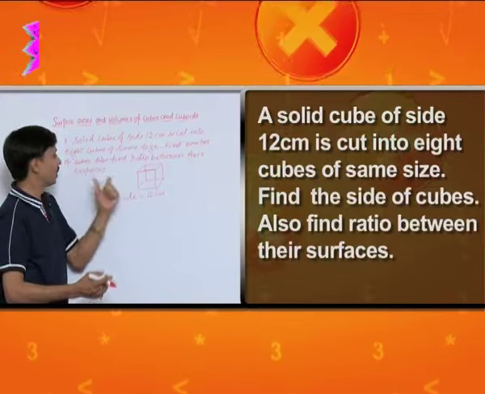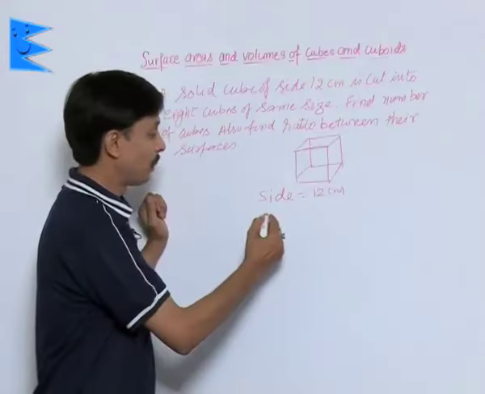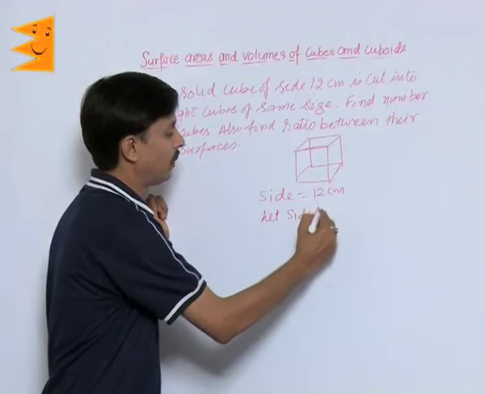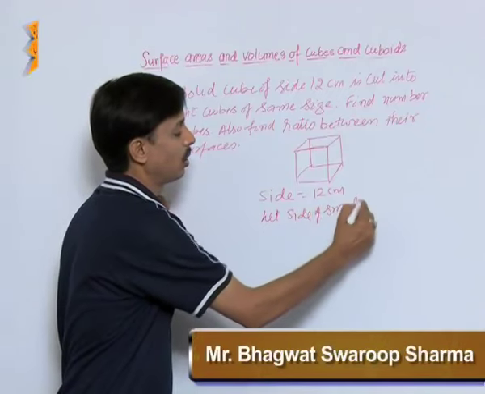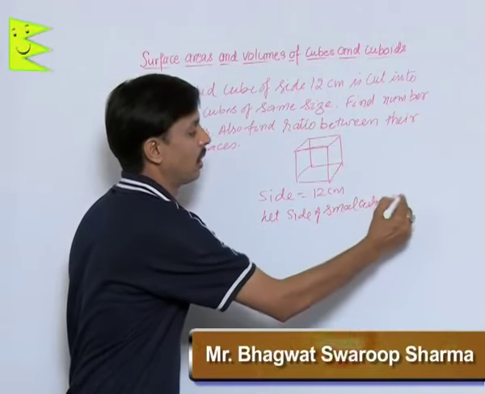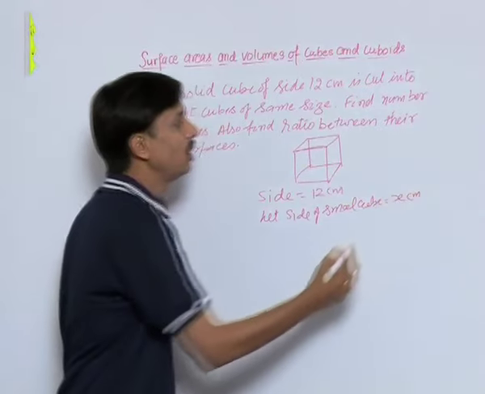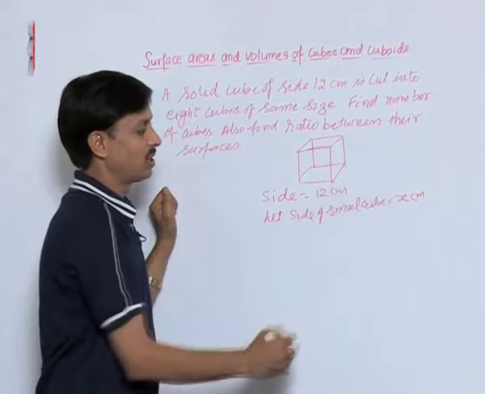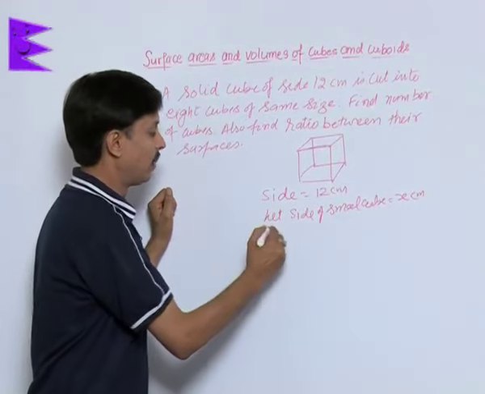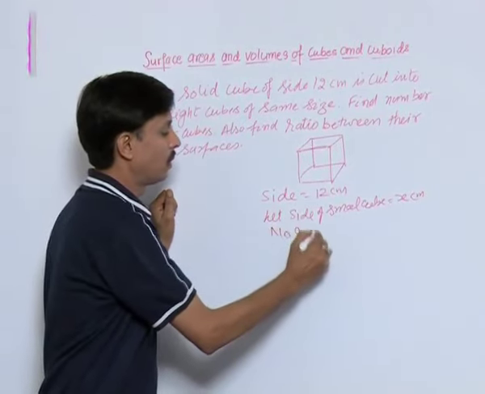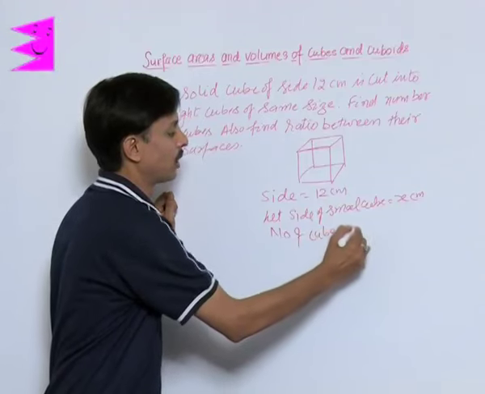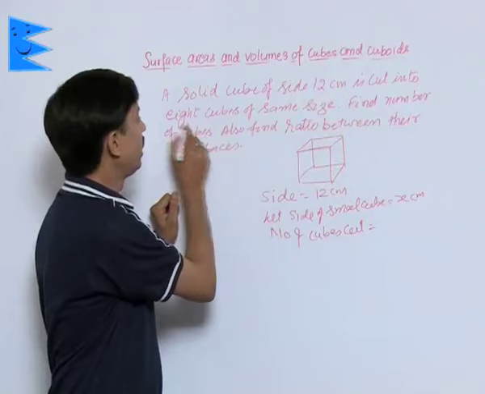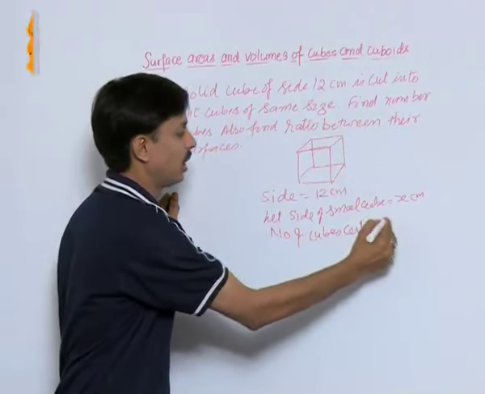Find the number of cubes. I am supposing, let the side of a small cube be x centimeter. Number of cubes cut, how many cubes have been made? That is 8 small cubes.